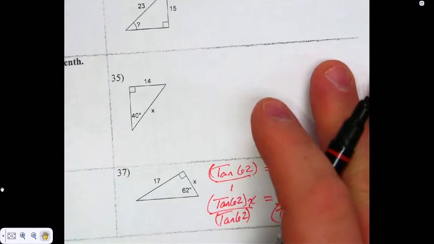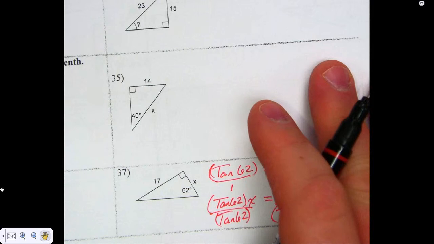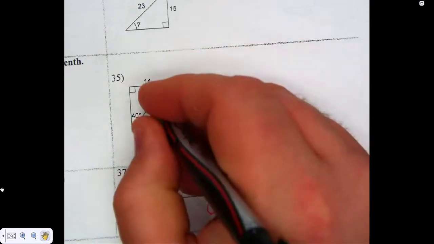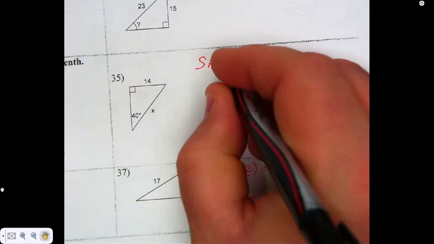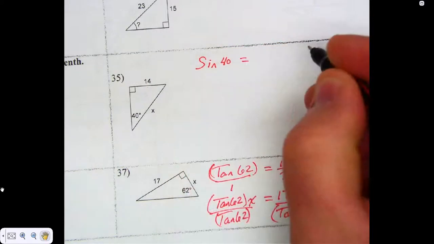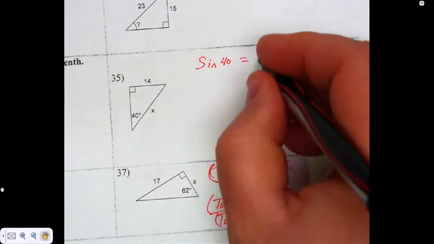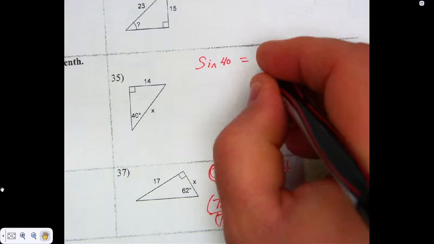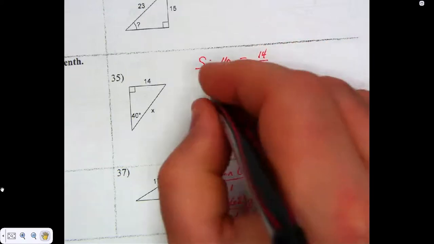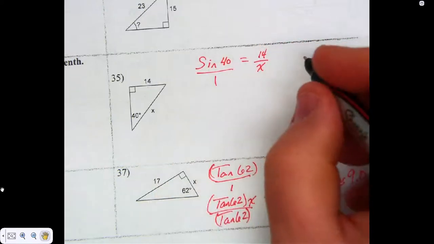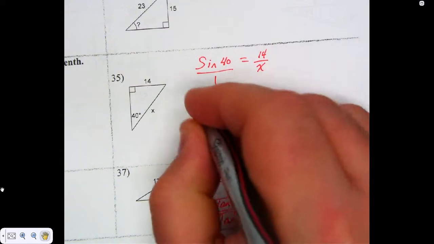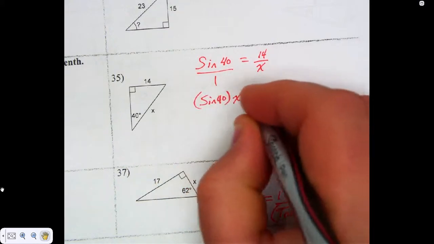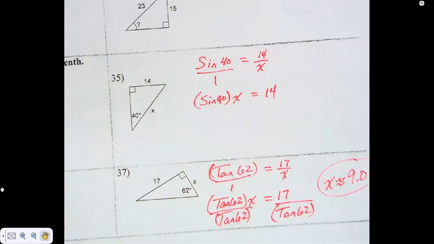Let's look at 35. What do you got here? You've got opposite and hypotenuse, so it's sine of what? 40 is equal to what? Over X. What do I do now? So I've got sine of 40 times X is equal to what? 14.